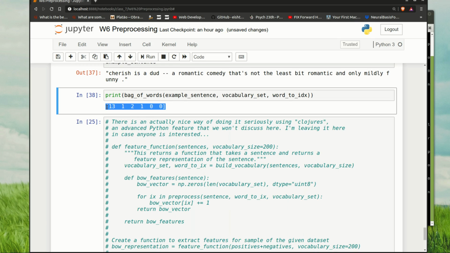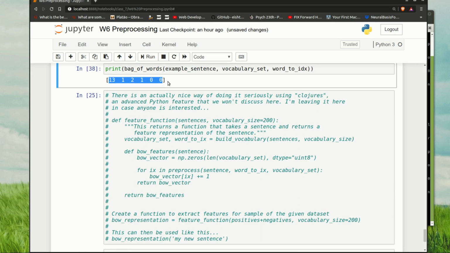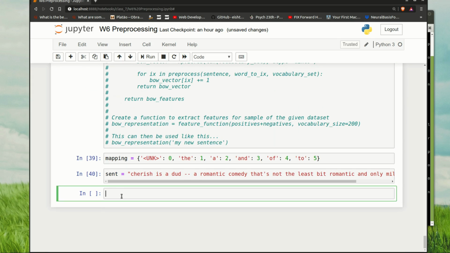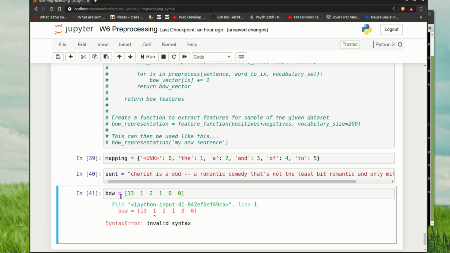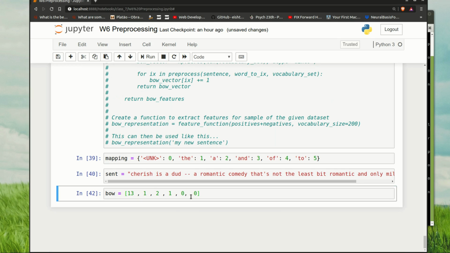This is the output of the bag of words. It contains 6 elements. What are these 6 elements? These 6 elements are our bag of words, our bow. I would need to put commas here.